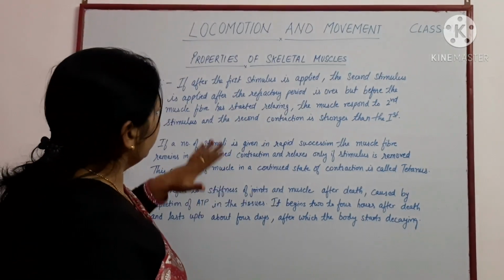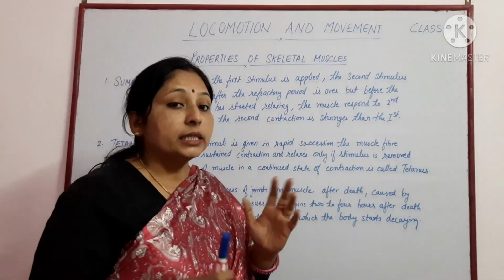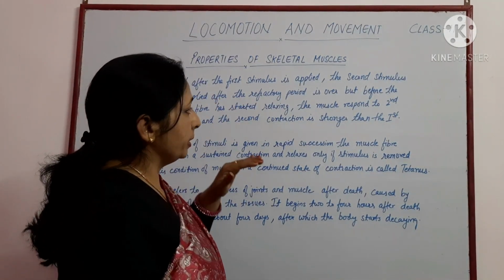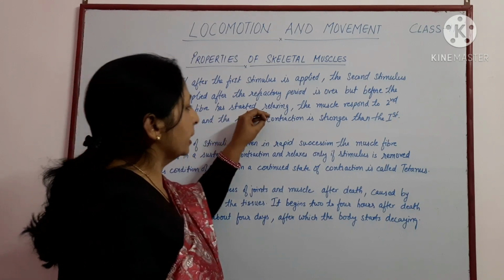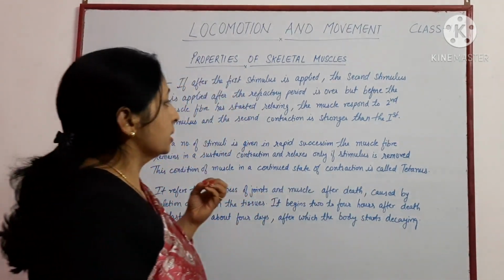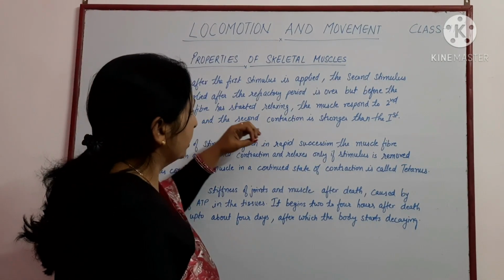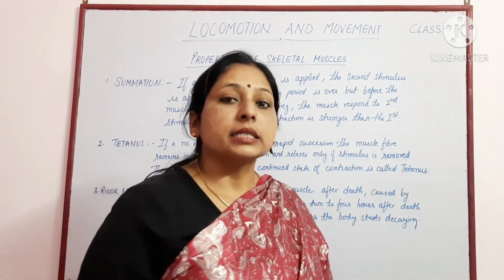So according to the definition, if after the first stimulus is applied, the second stimulus is applied after the refractory period is over, but before the muscle fiber has started relaxing, the muscle responds to the second stimulus, and the second contraction is stronger than the first, then it is termed summation.